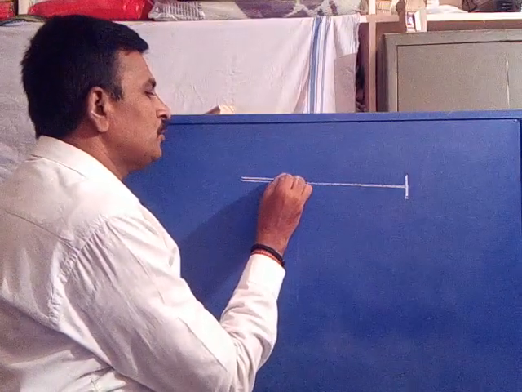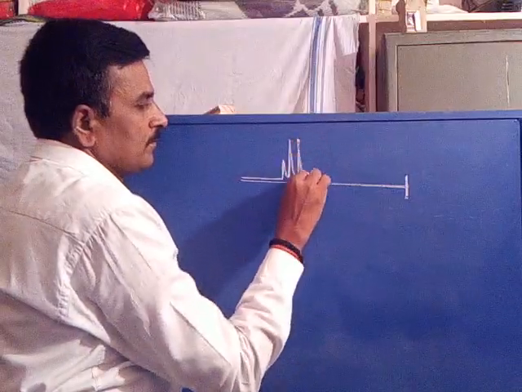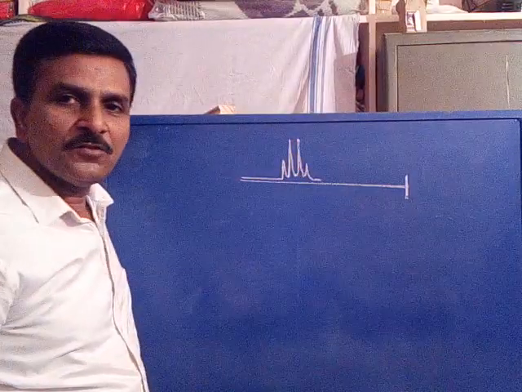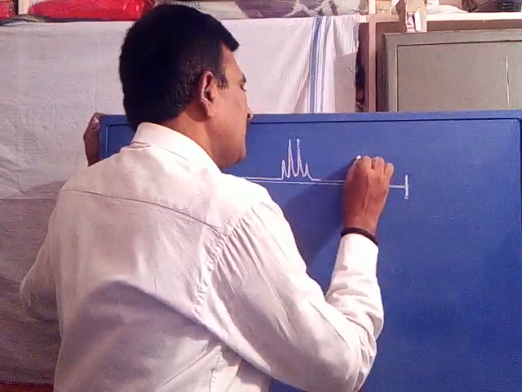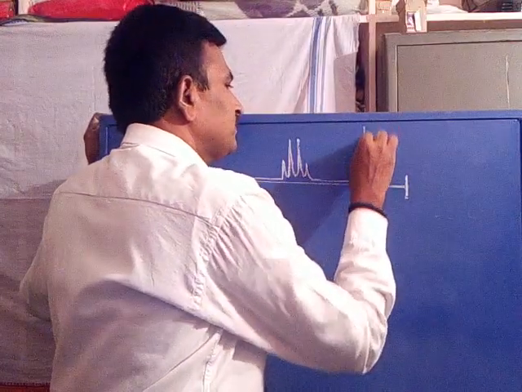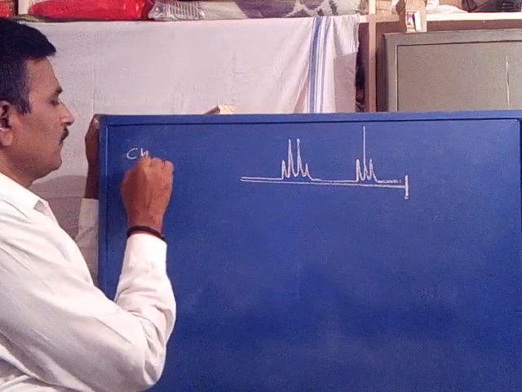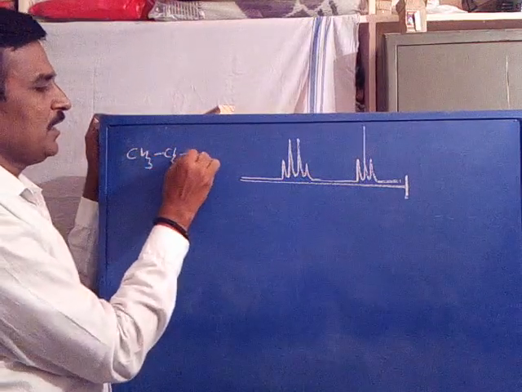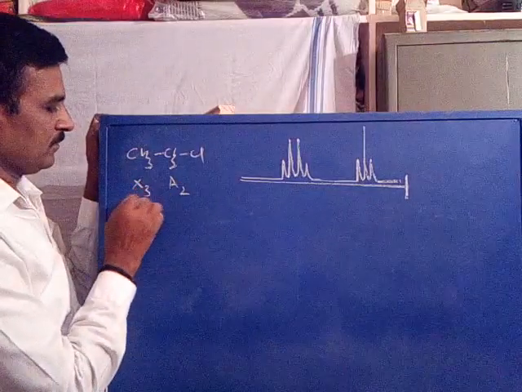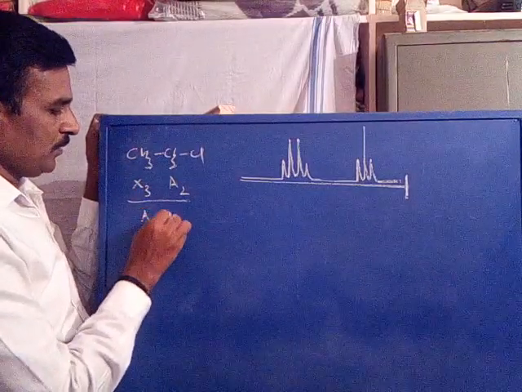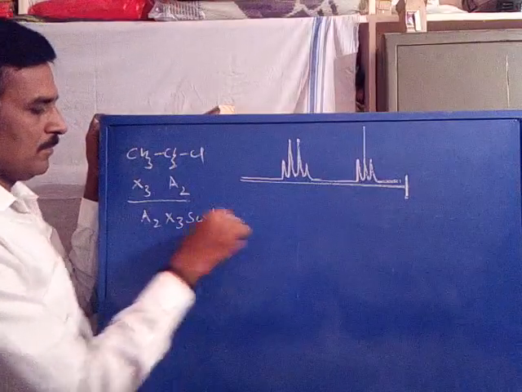The CH2 proton appears as a quartet, and the CH3 appears as a triplet. CH3, CH2, Cl, A2X3 system, first order.